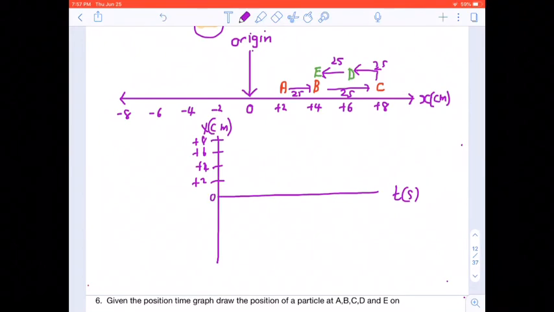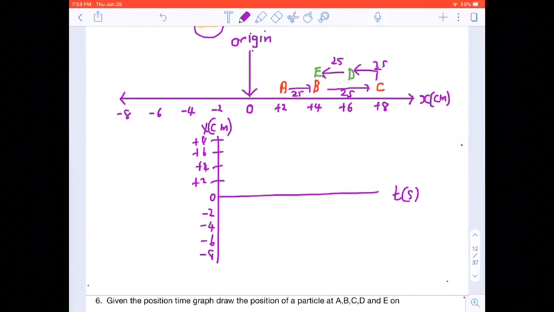And we know this is our coordinate line, so it's -2, -4, -6, -8. But we don't have anything on the opposite side, where our coordinates are negative.